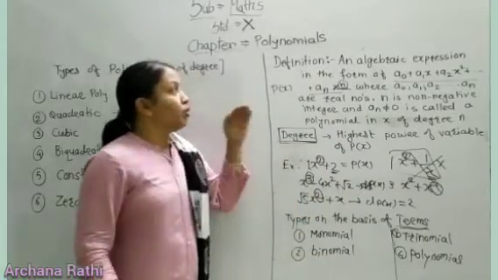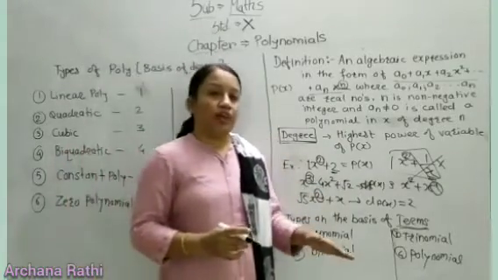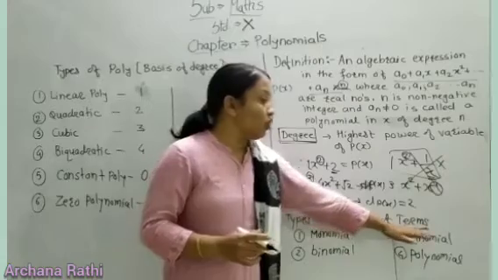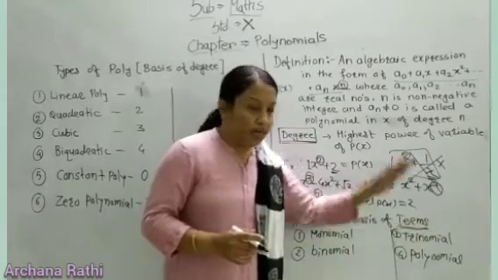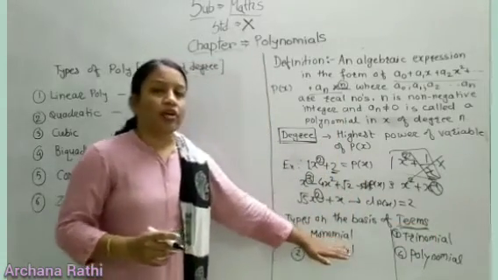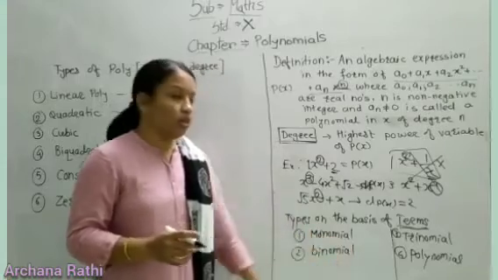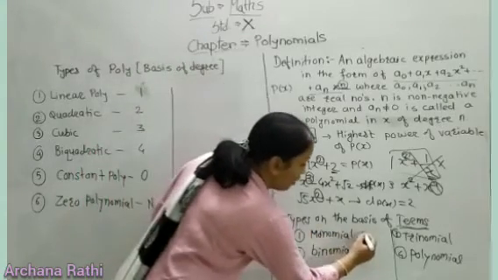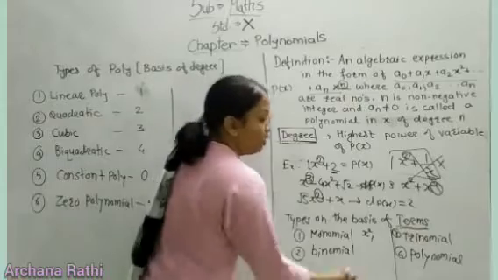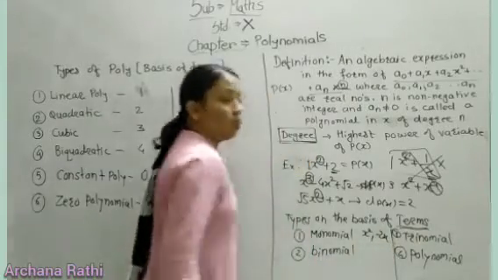Now you know that polynomials are classified on the basis of their terms, which you have already learned. If only one term is there, it is called a monomial. For example, x² is a monomial, −2x is a monomial.